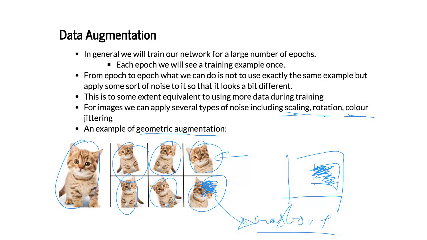Especially for images, you can also try to apply some sort of Gaussian noise or salt and pepper noise, but these are not really very helpful. This geometric augmentation or color augmentation, flip augmentation, these are the type of noises that are really helpful when we train models for images. Okay, I hope this is clear.